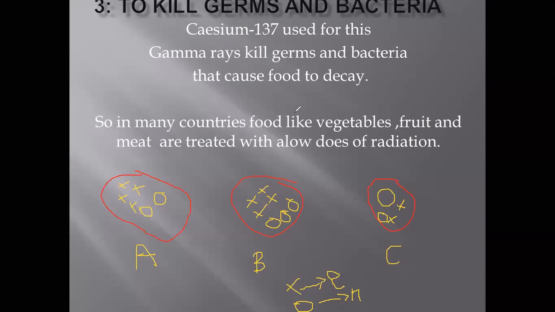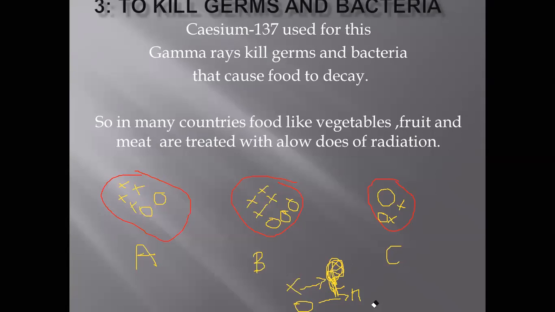Karim, which pair are isotopes? A and B, because they have the same number of electrons and different number of, sorry, neutrons. Sorry, boys. Here, X is proton, because inside the nucleus there is no electron. X is proton.